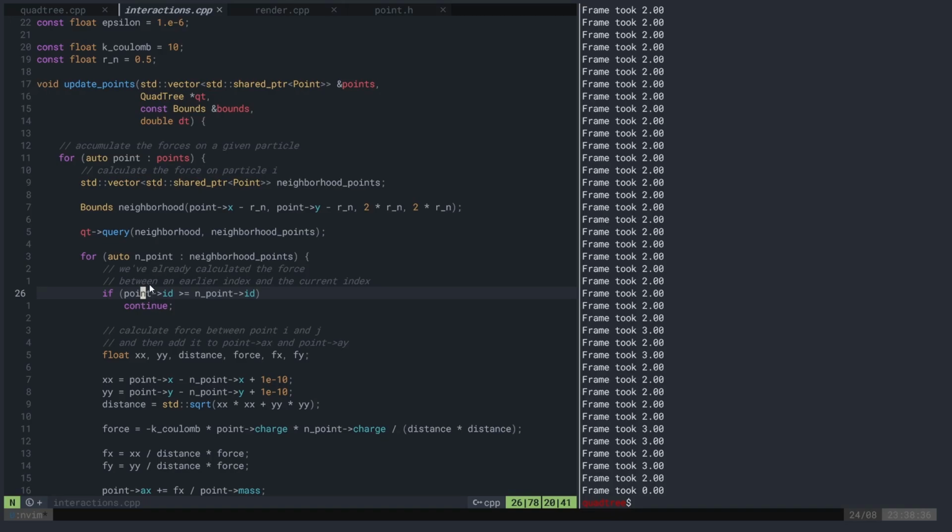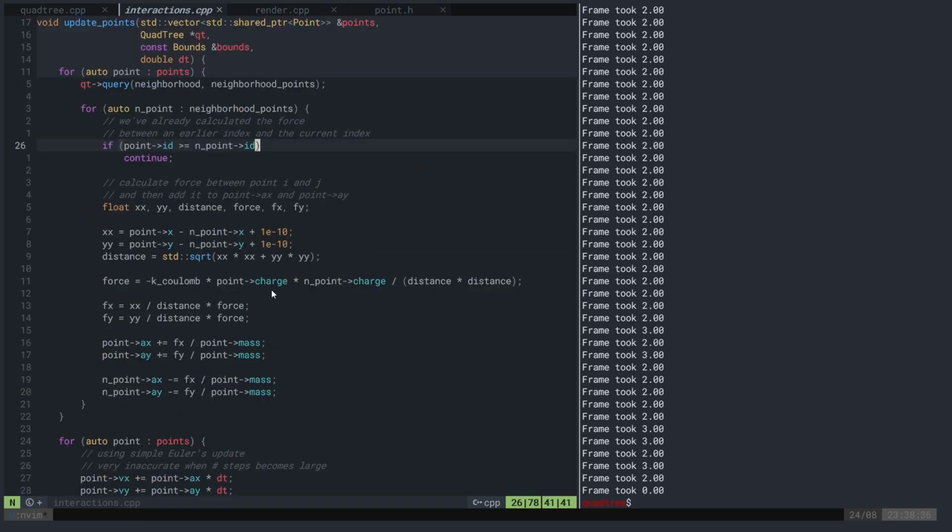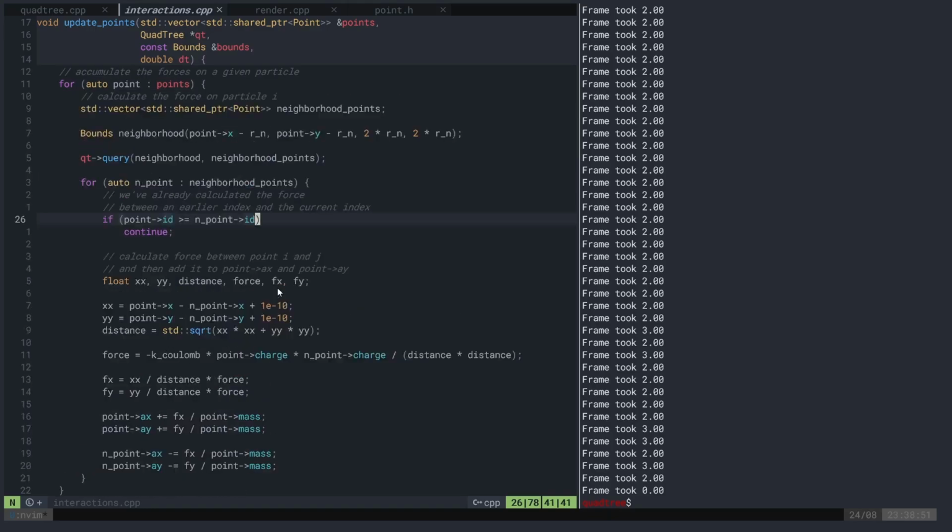Is this correct? If the point ID is greater than the neighborhood point ID, we should continue. I think that's correct.